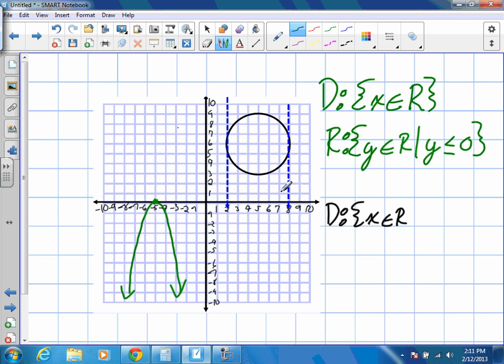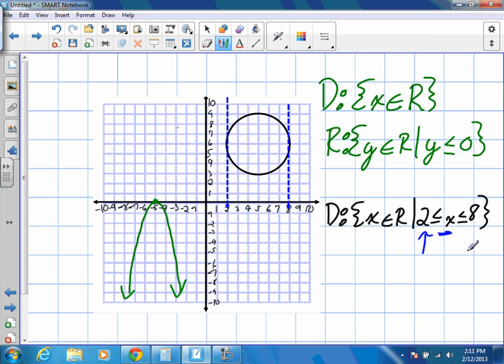We have 2 and 8, right? So we have our lowest value, 2. We start with the lowest value, and we know that x is greater than or equal to 2. And it's also less than or equal to the highest value of 8. Okay? So in other words, what this is saying is x is between the numbers 2 and 8.